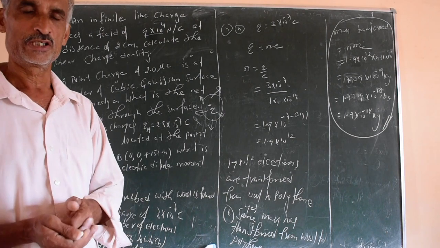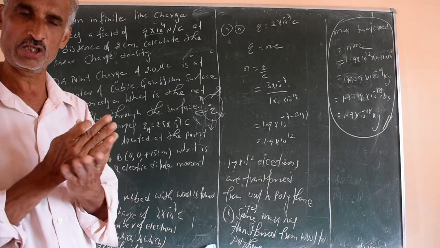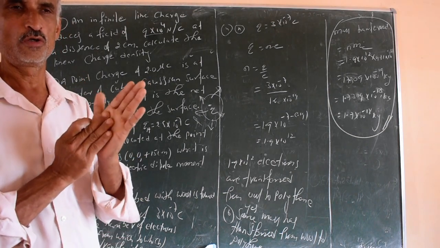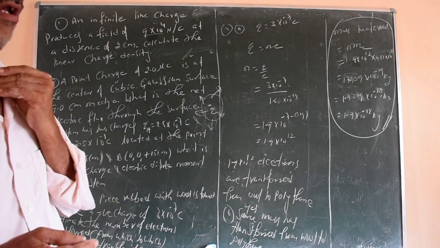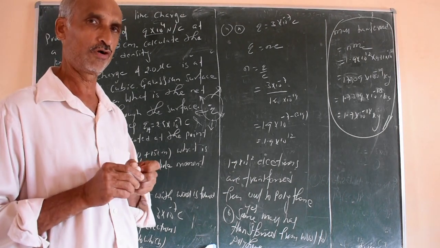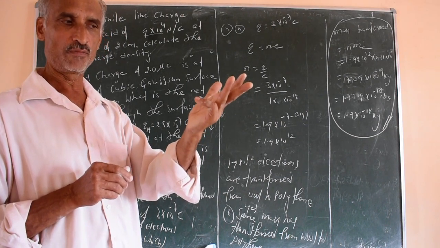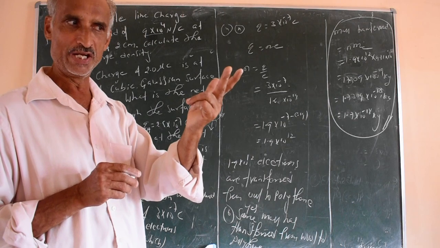Yesterday and today, those problems were discussed. Electric field due to a uniformly charged infinitely long wire, and the plate derivation, those two are important using Gauss's theorem. Four derivations are important. First, electric field on the axial line of a dipole. Second, electric field on the equatorial plane.